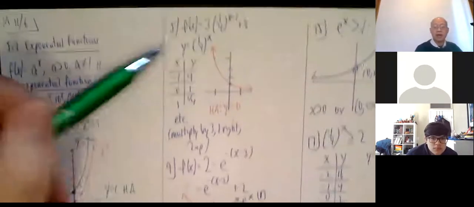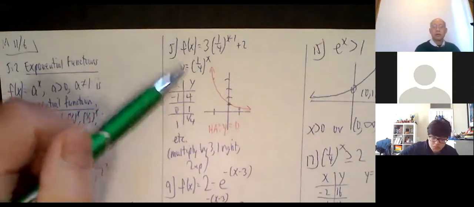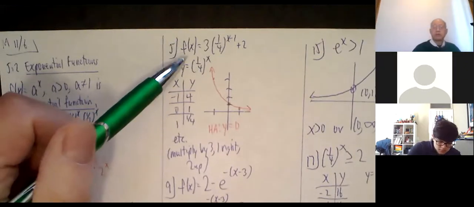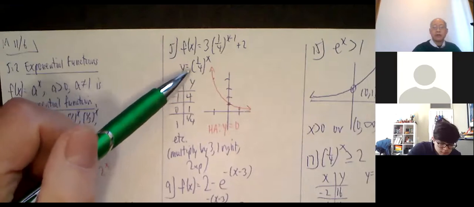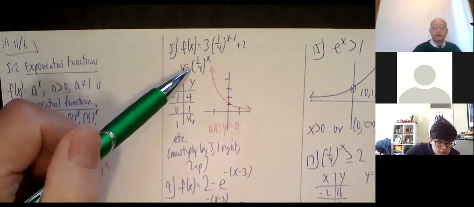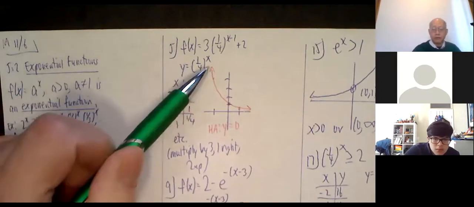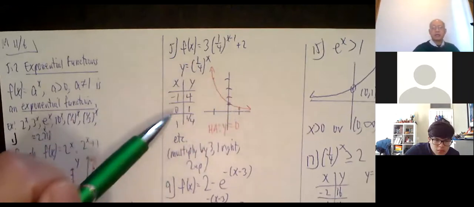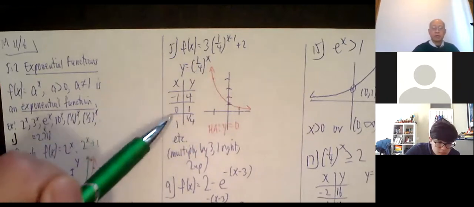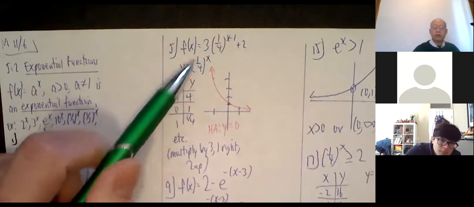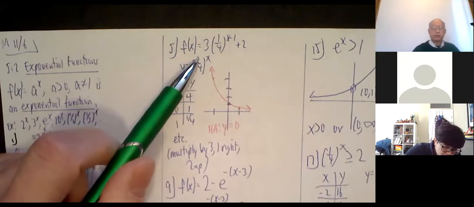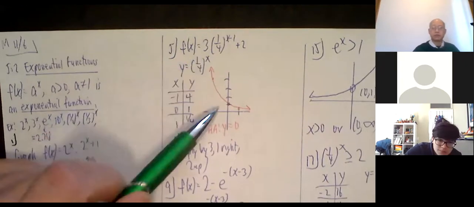Okay, number 5. I actually didn't do it, but I'll just talk quickly about the graph of 1/4 to the x. We know it falls like that. But I plugged in 0, 1, and -1. If you plug in 0, 1/4 to the 0, well, we already know that anything to the 0 is 1.